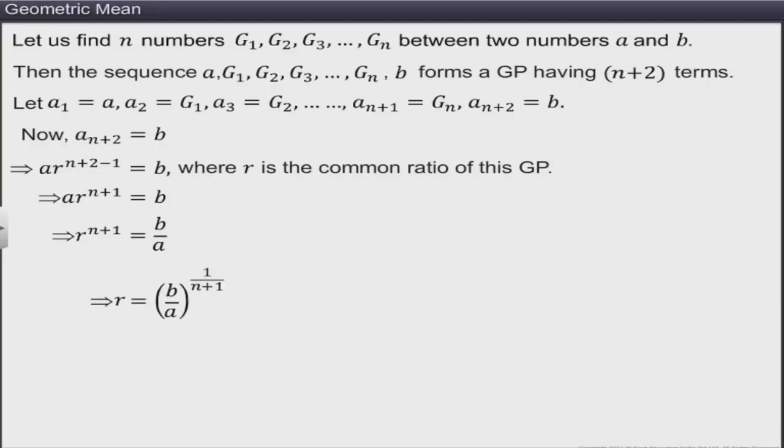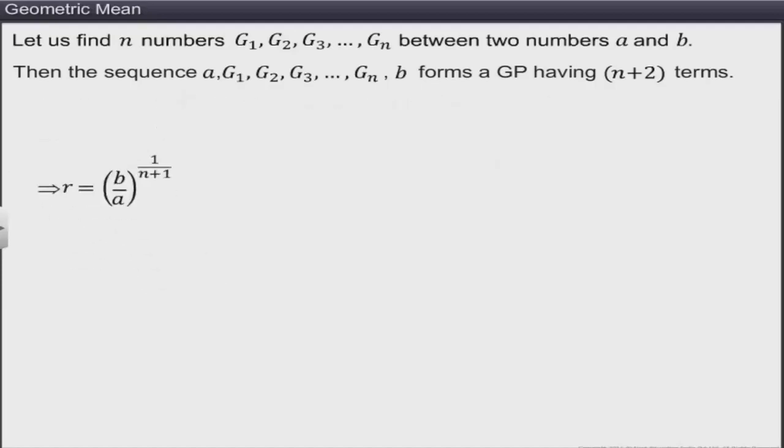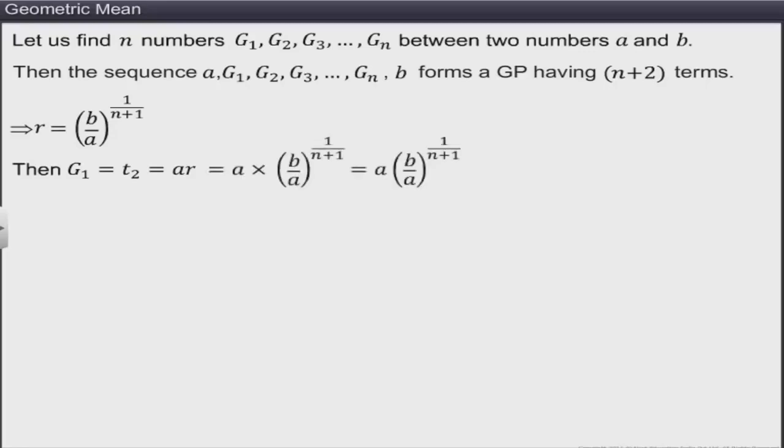g1 is the second term, which is given by a into r. Substituting the value of r, we get a into (b upon a) whole raised to the power of 1 upon n plus 1. g2 is the third term, which is given by a into r square. Substituting the value of r, we get a into (b upon a) whole raised to the power of 2 upon n plus 1.